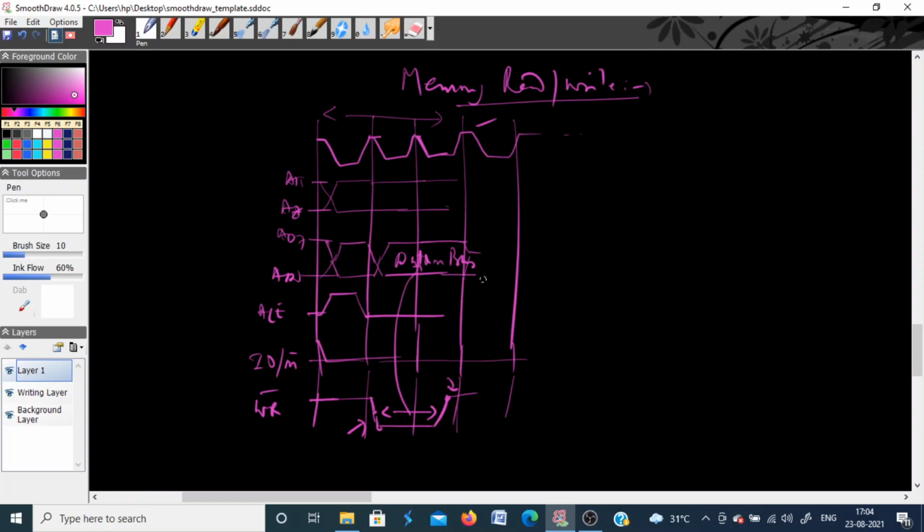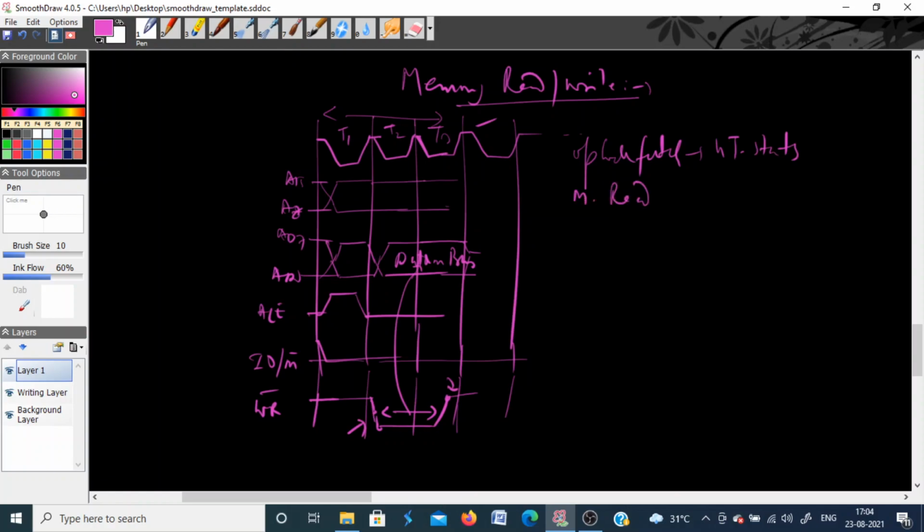Again it is done in T3. So you need 3 clock periods for memory write as well. Opcode fetch requires 4 T states.